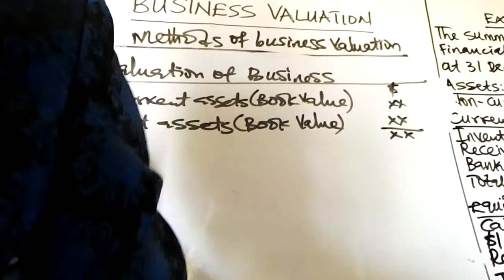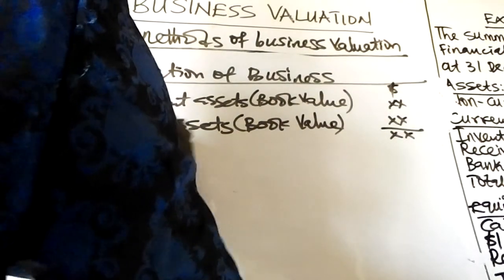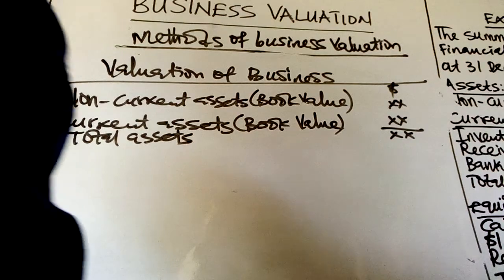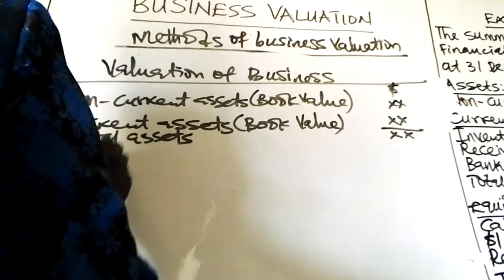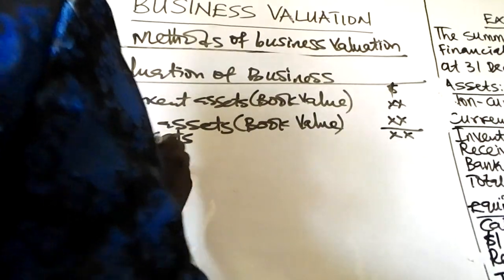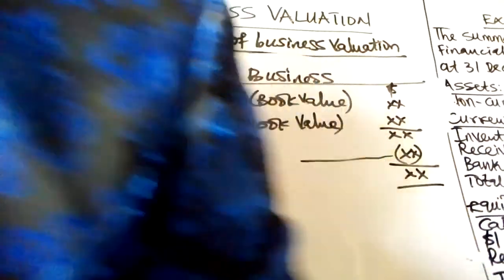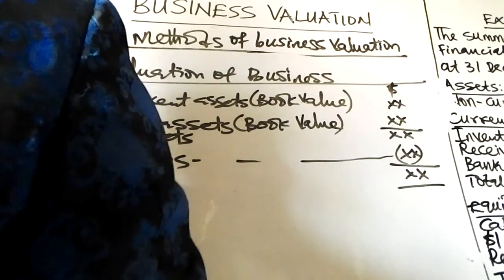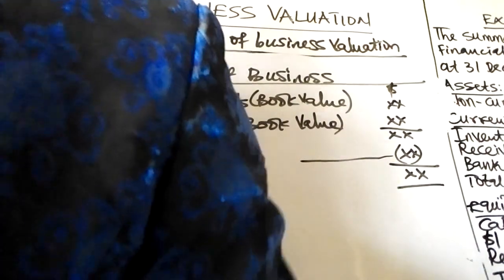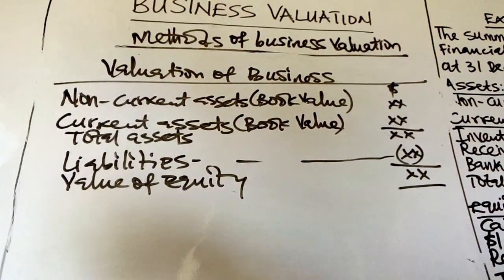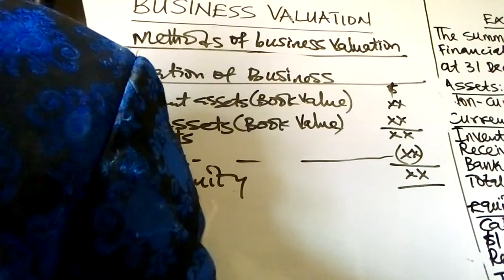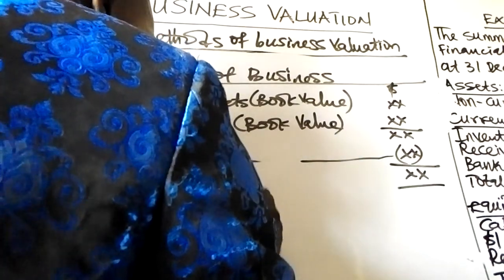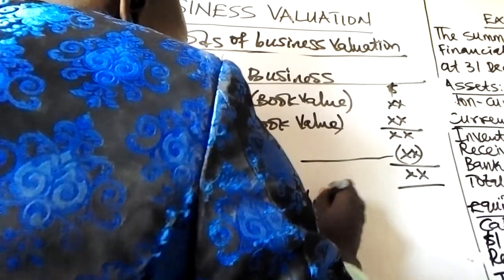When you add it, you have the total assets at book value. From this total assets, you less all the liabilities. So when you less the liabilities, you get the value of equity. Then you now have the number of issued ordinary shares.